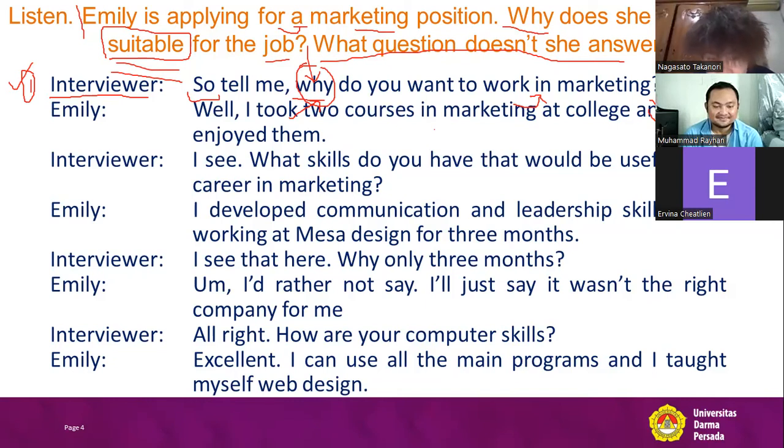I see that here. Why only 3 months? I'd rather not say. I'll just say it wasn't the right company for me. All right. How are your computer skills? Excellent. I can use all the main programs and I taught myself web design. Right, very nice to hear that.